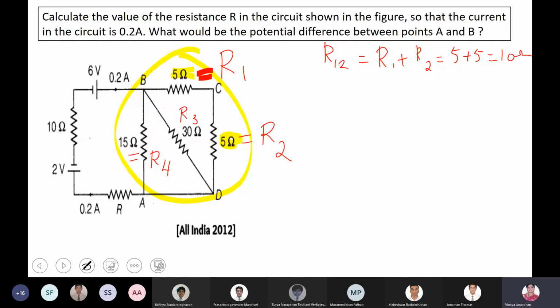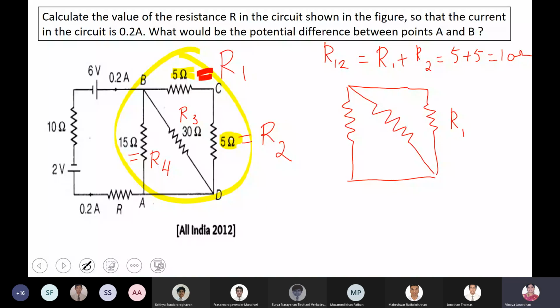Now look at the circuit which I have encircled. This is R12, the other one is R3, the third one is R4. How are these connected?